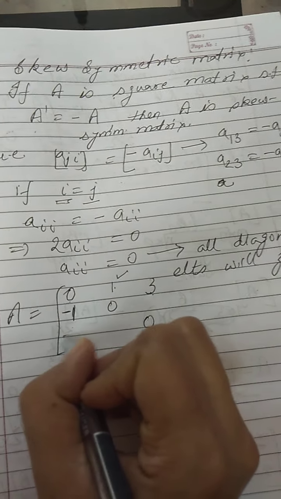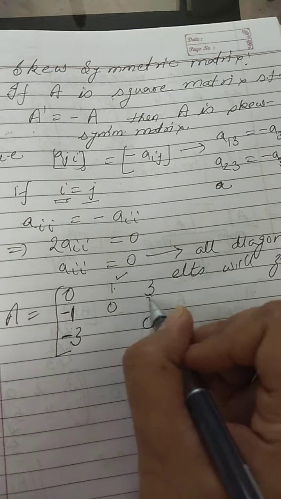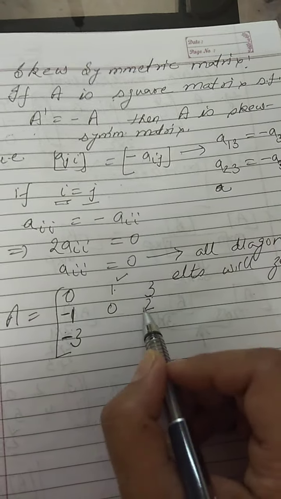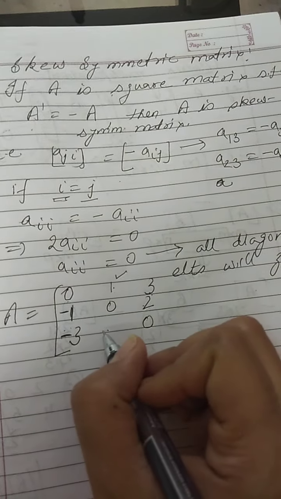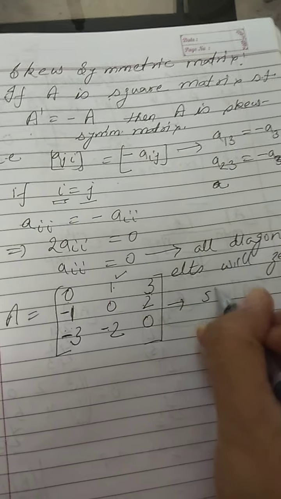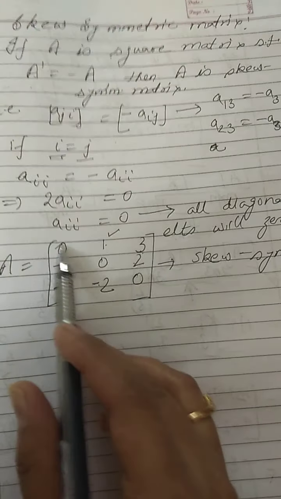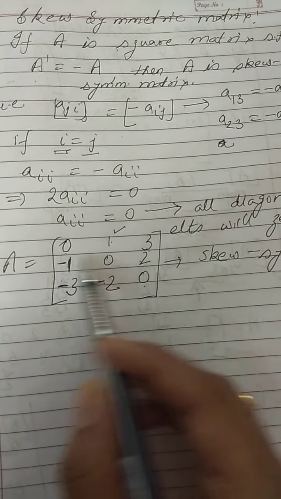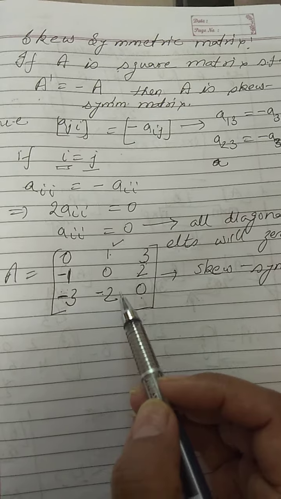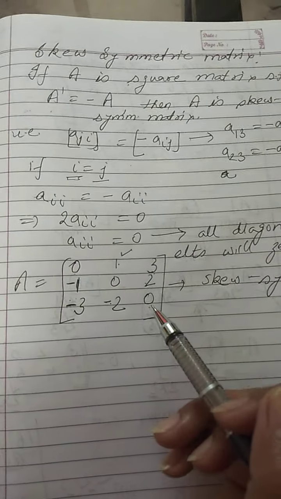So the A31 element will be minus 3. And if I write down 2 here, this is the 2 3 element, so the A32 element will be minus 2. Now this is our skew symmetric matrix. We can write down any example of a skew symmetric matrix. First of all the diagonal elements will be 0, and the remaining elements we can write in such a way that every aij element is equal to the negative of the aji element.